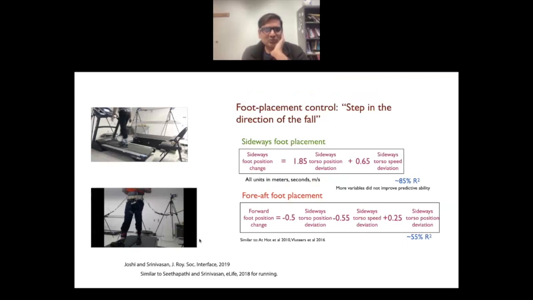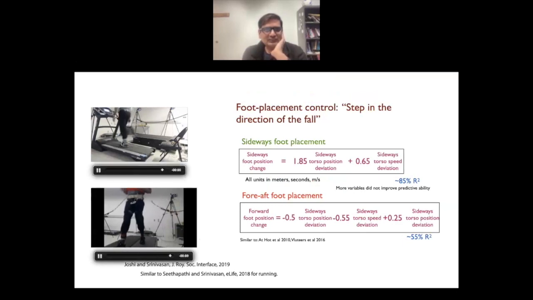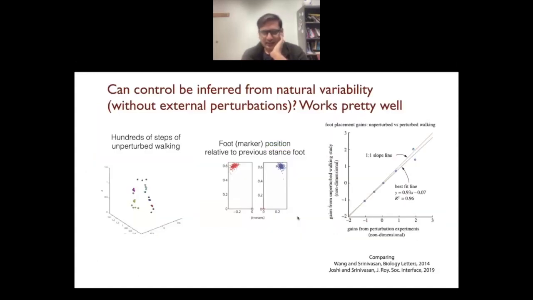Specifically, these are experiments to do with foot placement control, and characterized how the foot placement is modulated in response to perturbations. We showed that they can be inferred from natural step-to-step variability in the absence of perturbations as well, that you get very good correlation between the two things.